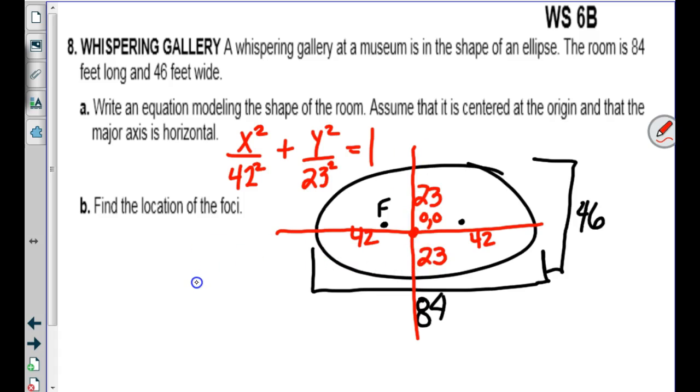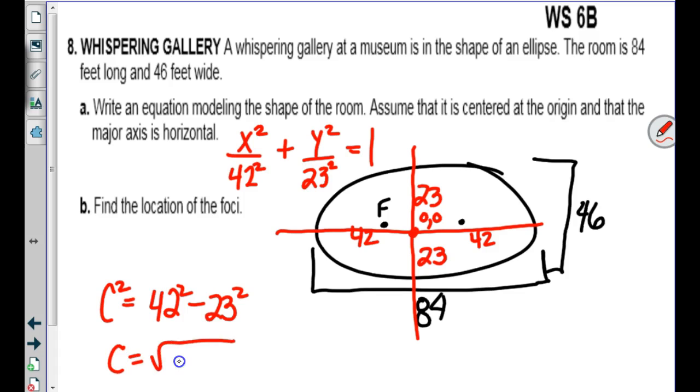Okay, find the foci. C squared equals what? Okay, so now I need some typing. What's 42 squared minus 23 squared? Okay, so that's C. Which axis are the foci on? Always the major axis.